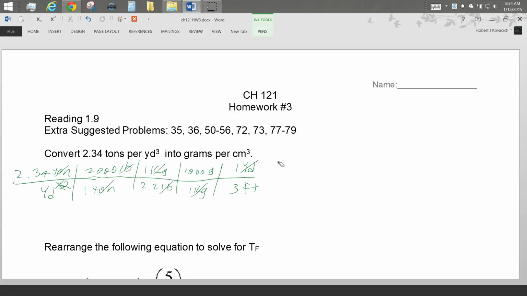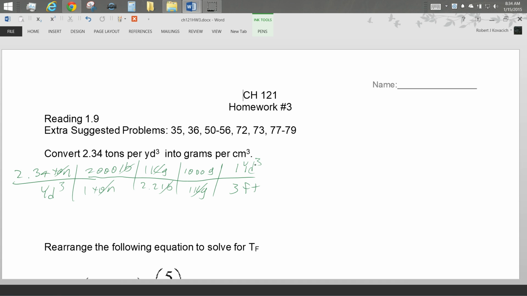So 5 to the second times 5 to the third is 5 to the fifth, just adding them up. So something else I could do is, what if instead of putting 1 yard right here, I put 3 of them there? Not times 3, but 3 cubed.